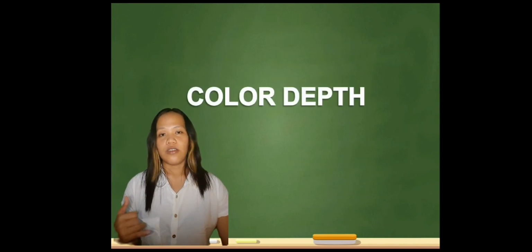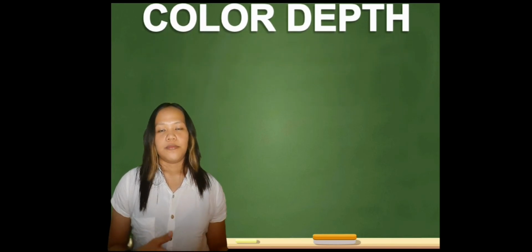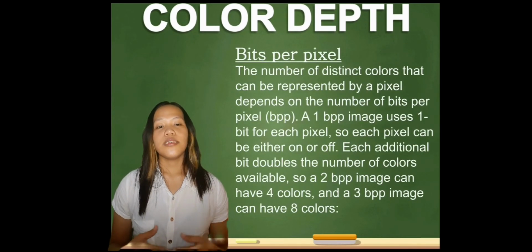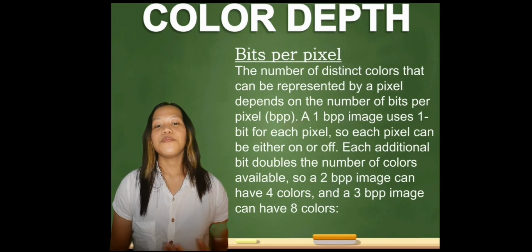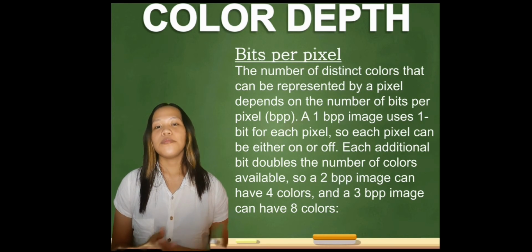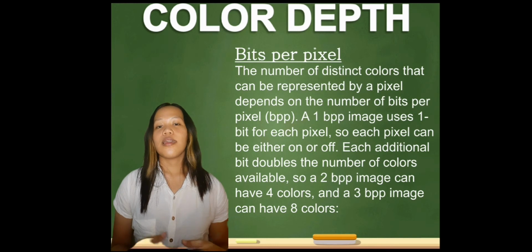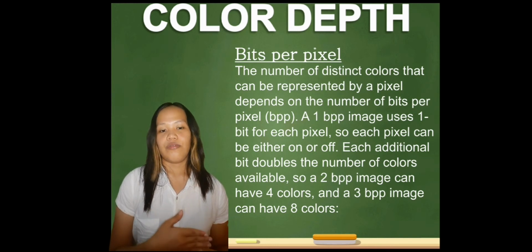Pixels in terms of color depth: bits per pixel. The number of distinct colors that can be represented by a pixel depends on the number of bits per pixel, or BPP. A 1 BPP image uses 1 bit for each pixel, so each pixel can be either on or off.